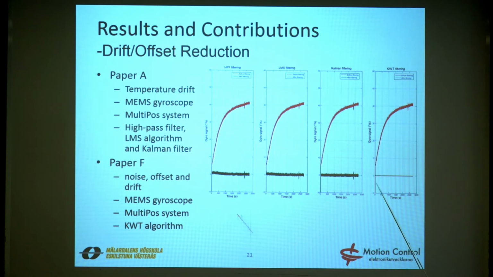And for the KWT algorithm, besides the advantages of WFLC and TWD, it reduced the drift, the offset, and also the noise. So it has a perfect, we can say, result of a static state signal.